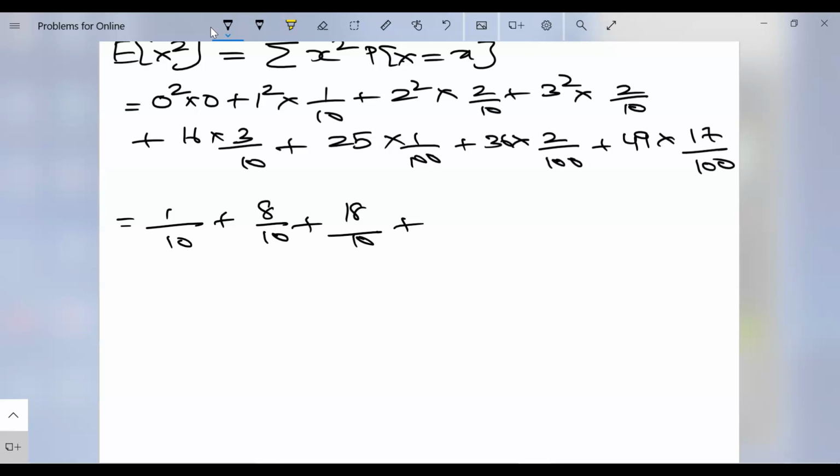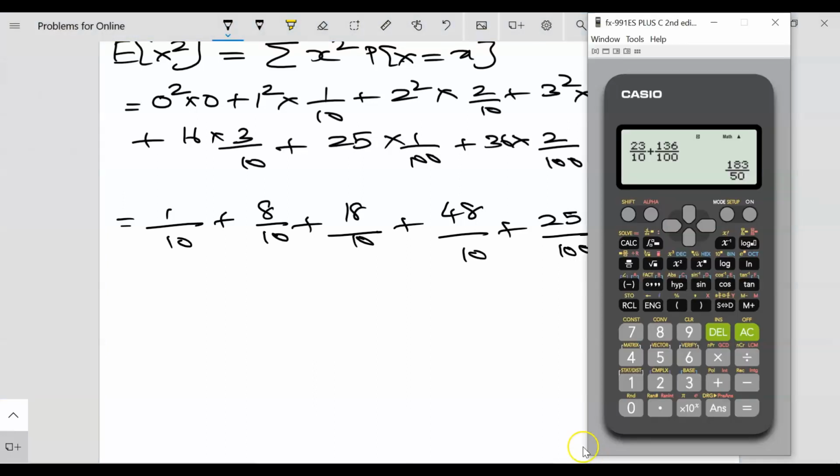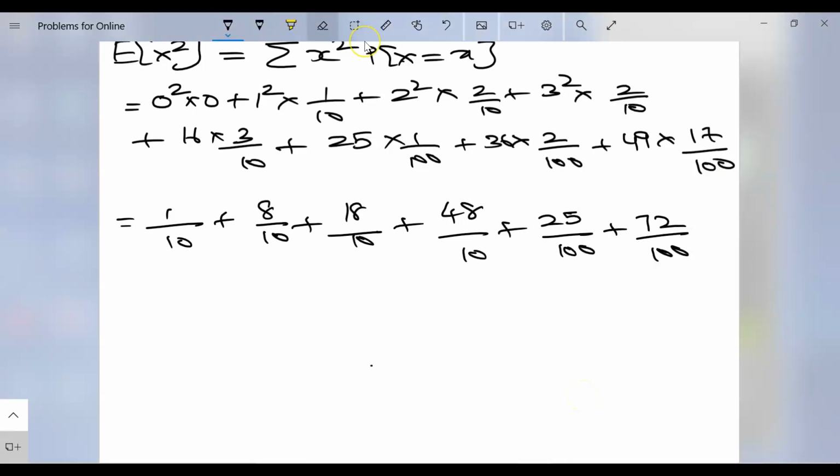Plus 16 into 3, 48 by 10. Plus 25 by 100. Plus 72 by 100. And 49 into 17, let me check, we get 833. So the last one is 833 by 100.